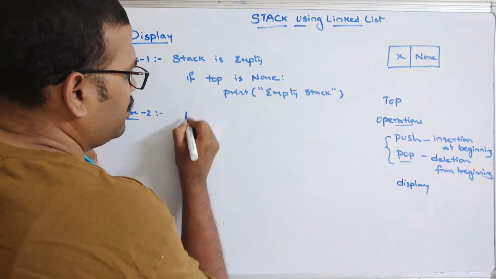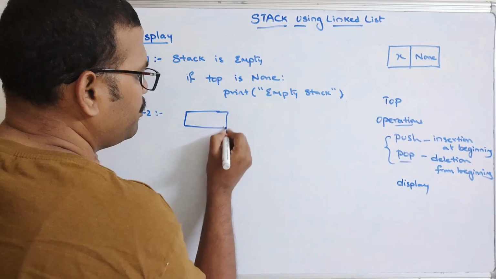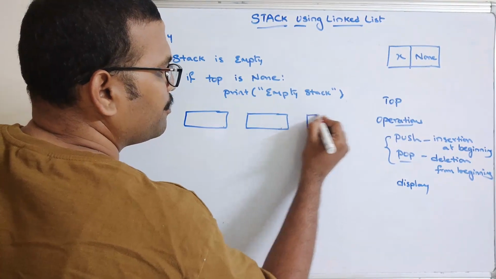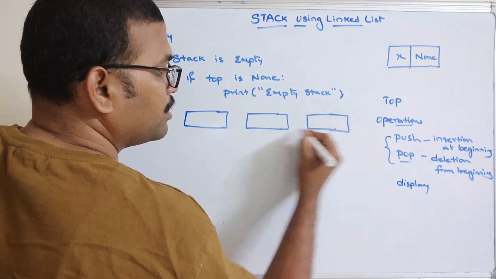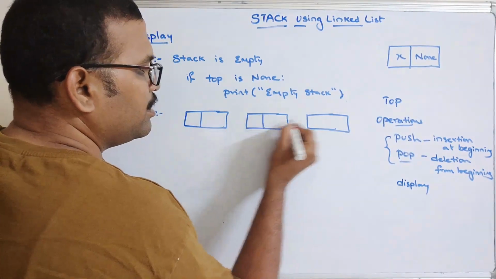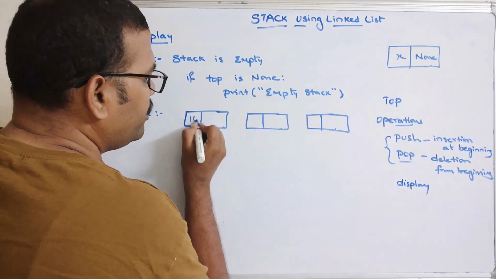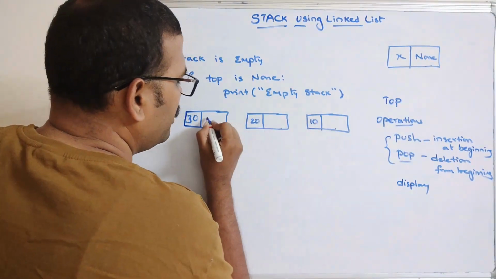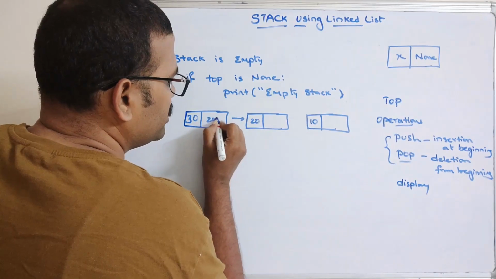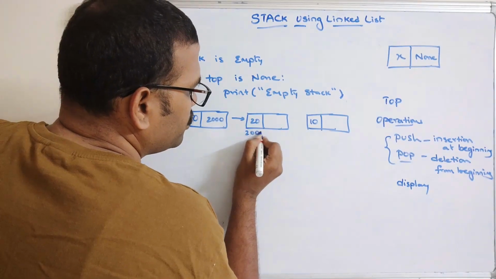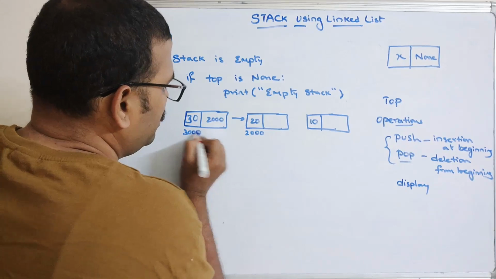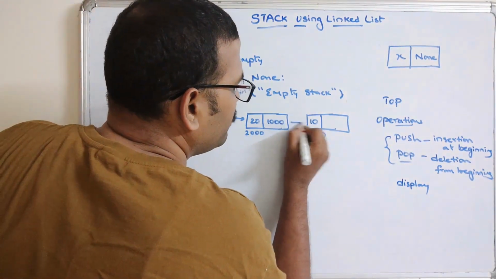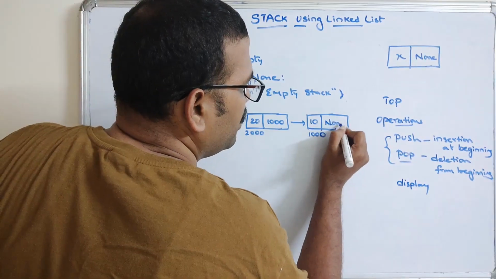I'll write the nodes so that it would be easy for us to write the code. Without drawing the nodes, it would be difficult for me to write the code. 30, 20 and 10, and this is 3000, this will be 2000, and this will be 1000, so the links will be established, and this will be none.